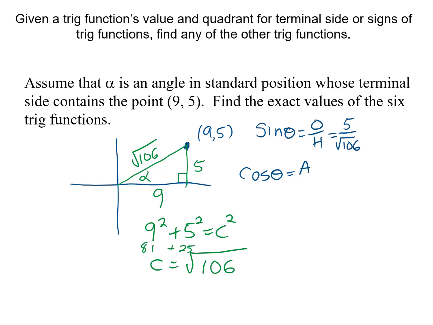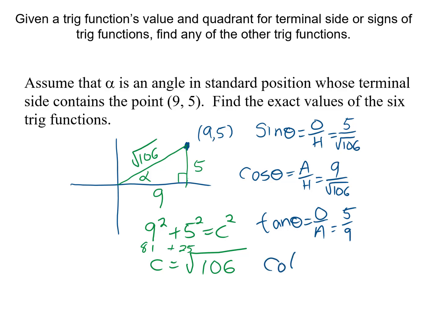That one is adjacent over hypotenuse, so the adjacent side is 9, over the hypotenuse of square root 106. Then I can get tangent from those, or just look at the triangle again. Tangent is opposite over adjacent, which is 5 over 9.